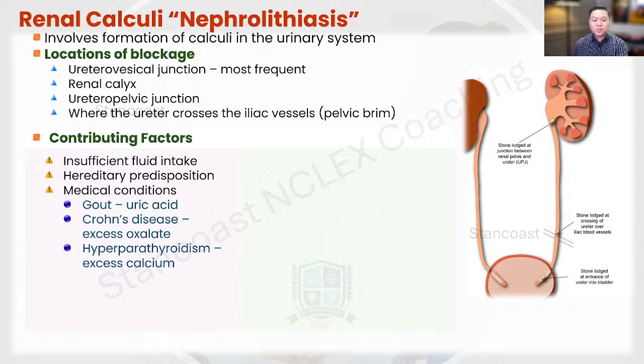Now, there is also type 1 RTA, which has increased urine pH. This is known as the distal RTA. This is going to cause the kidney to have an inability to acidify the urine in the distal tubule of the nephron.